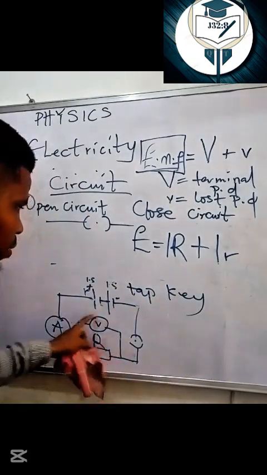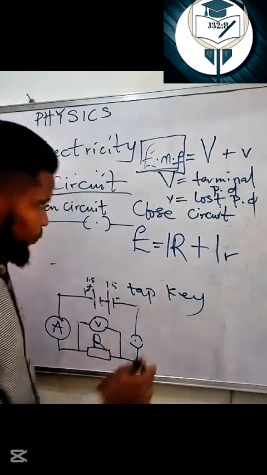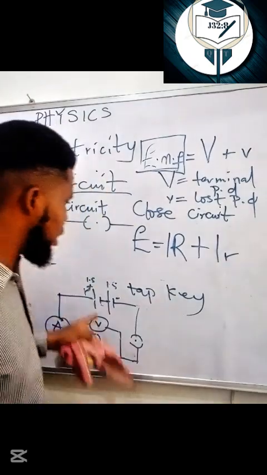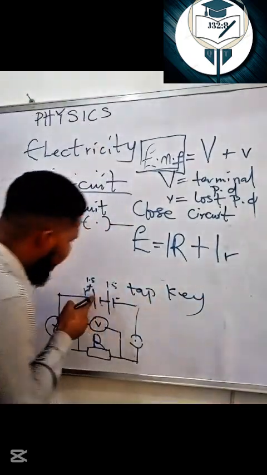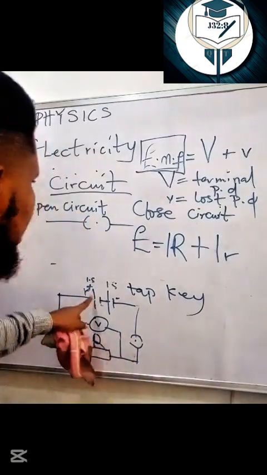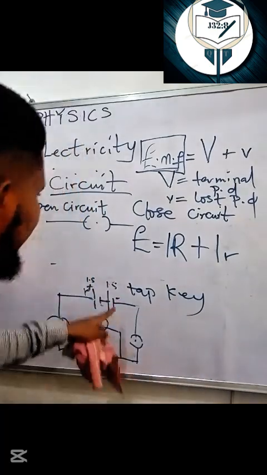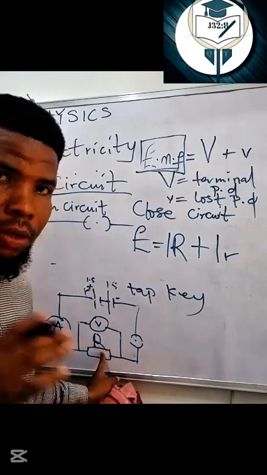This is the voltage across the terminals of the whole setup, while this one is the voltage that is lost, or the energy that is lost as a result of internal resistance. The current flowing is the same. It is a series connection. You can see the current flow from here and it comes to this place. So it is the same current that passes through the cell and the same current that passes through this external load.